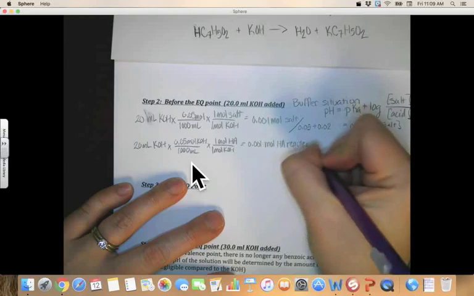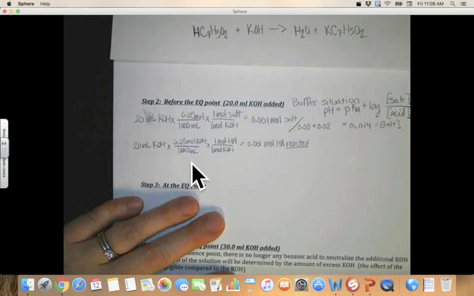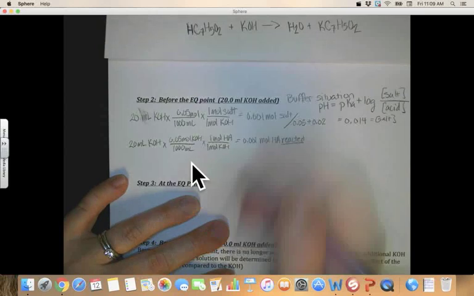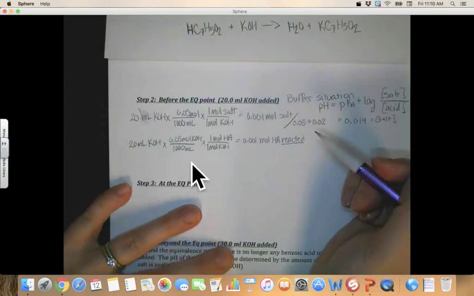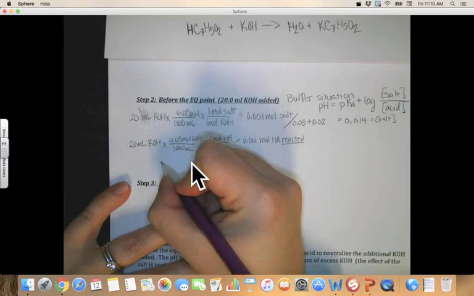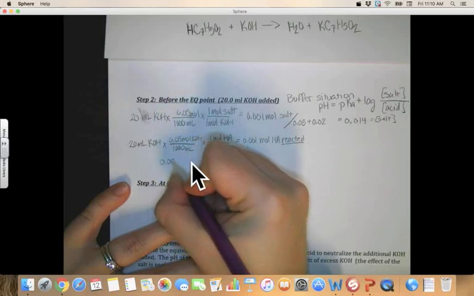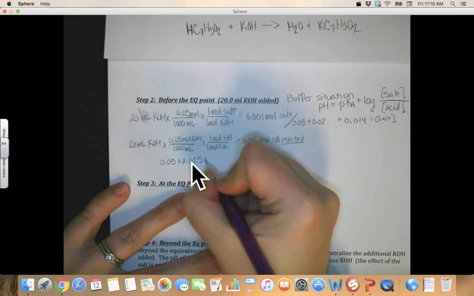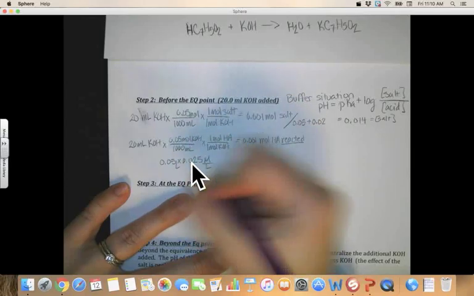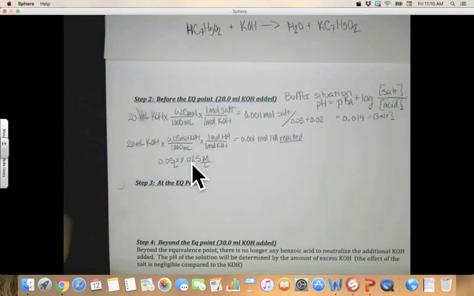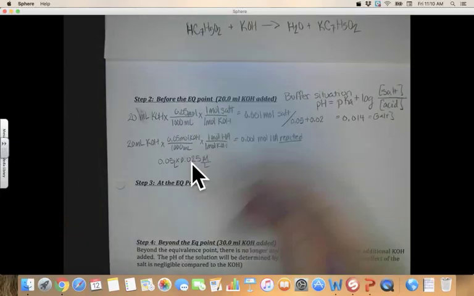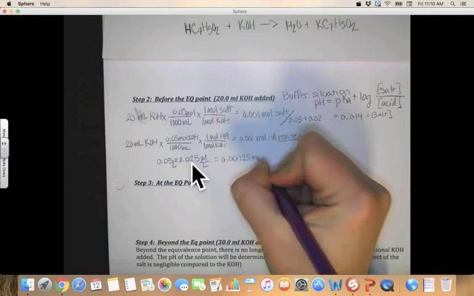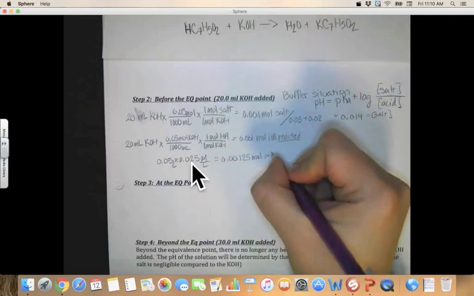Okay, now that's how much of the acid has reacted. Well, we've got to figure out how much we had to start with, and we had 50 milliliters, so 0.05 liters times 0.025 moles per liter is 0.00125 moles is the original.